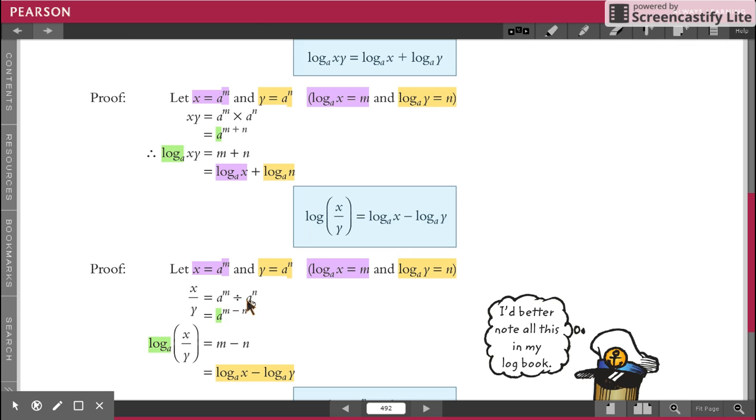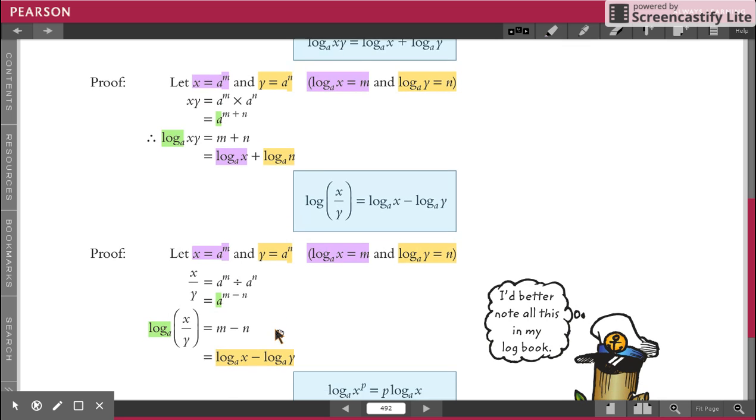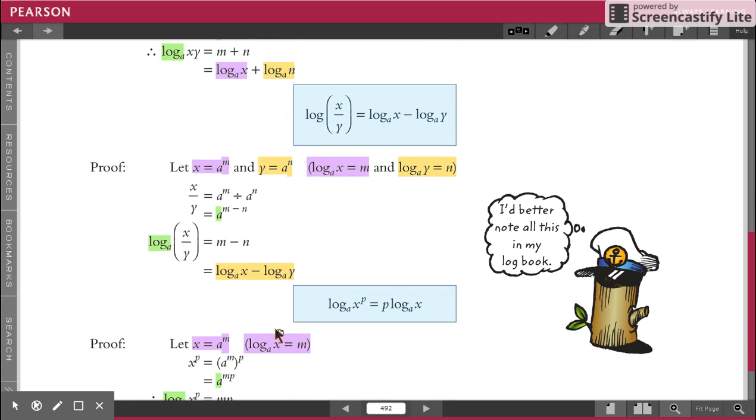So following the process through again, the only difference here is that it's m minus n. Okay, because of this division, our indice laws tell us that it is subtraction. So that's the proof of that one. It follows the same idea.